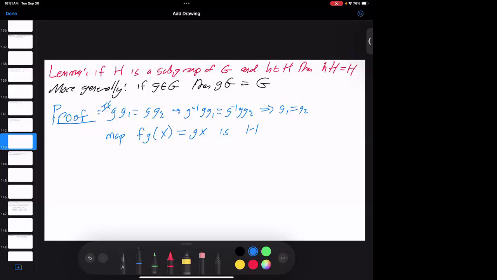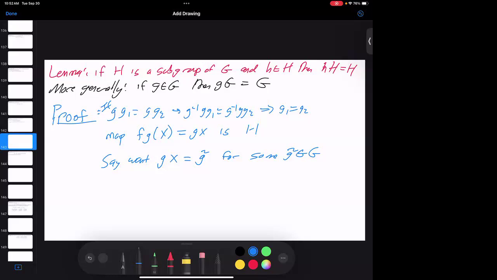Now, let's show that everything gets hit. Say we want g times x equals some element g tilde. We want to figure out, is there something in G that's sent to g tilde when we multiply on the left by g?